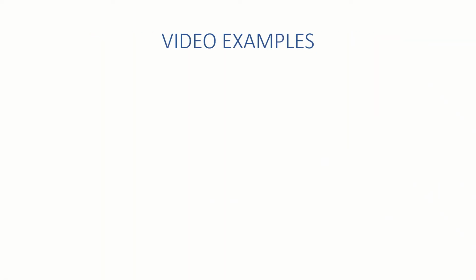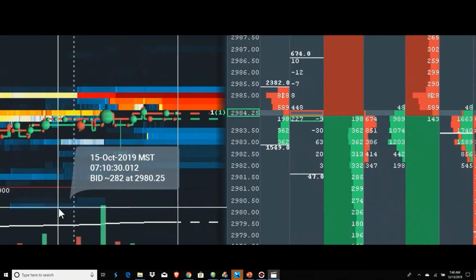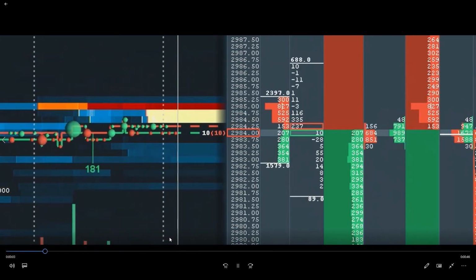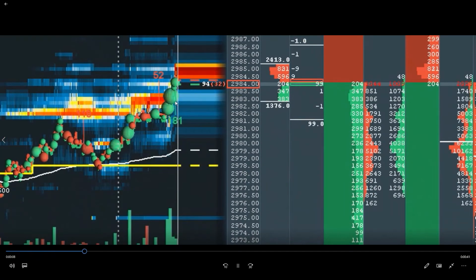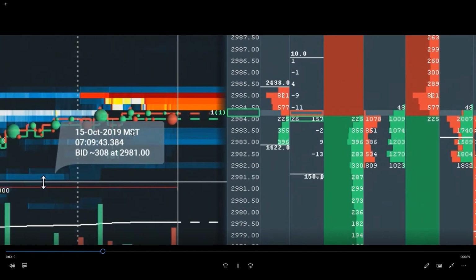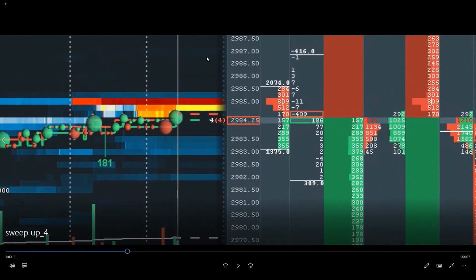Okay, so let's go to some video examples now. I got some video examples that I recorded a while ago, and as you can see right here, we got some sweeps coming up, and there we go. You can see it exactly right here.